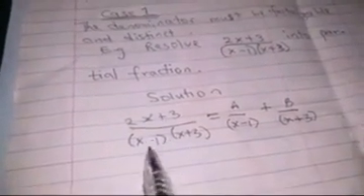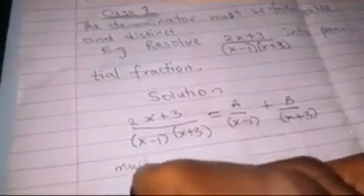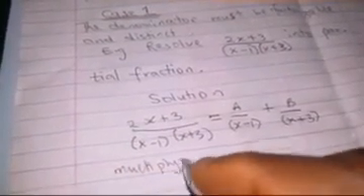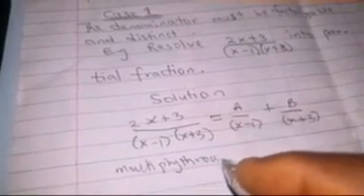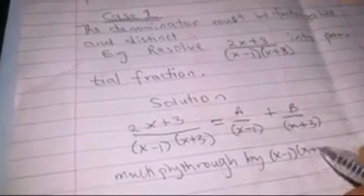The next step here is to multiply through by (x - 1)(x + 3).